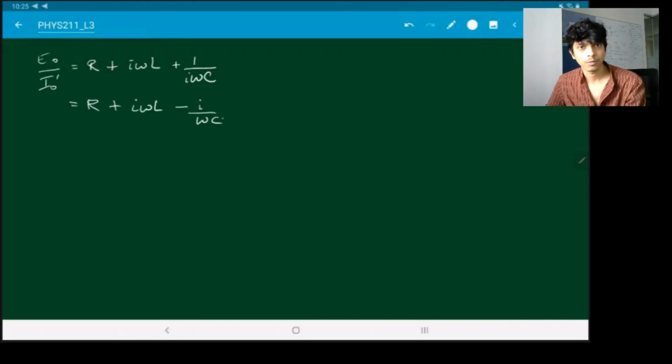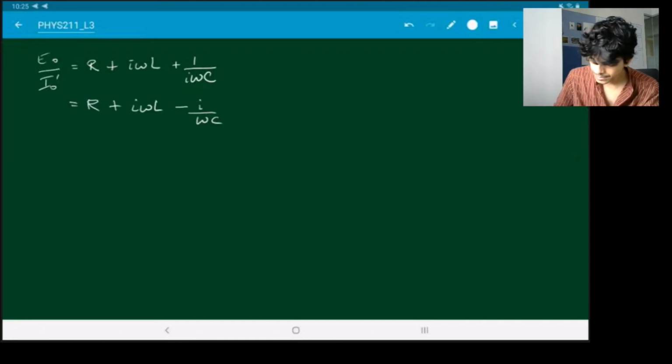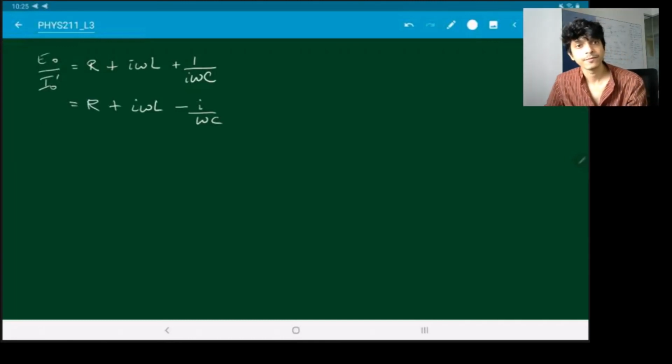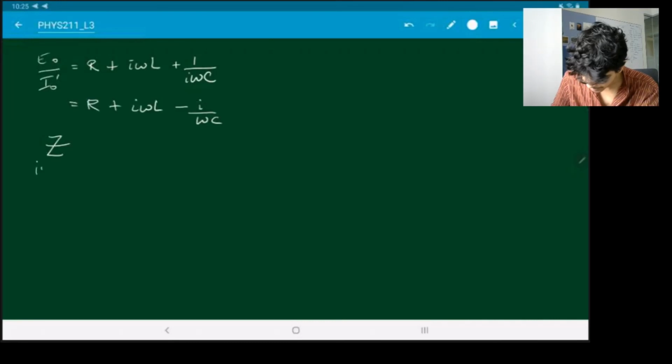So 1 over i is just minus i. Now on the left hand side we have E0 divided by I0 prime. So this is like a resistance. And this resistance has a special name. This is called impedance.